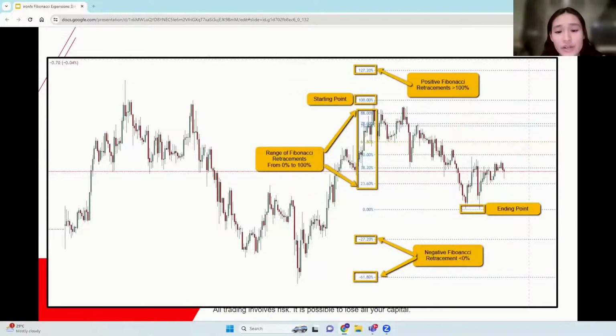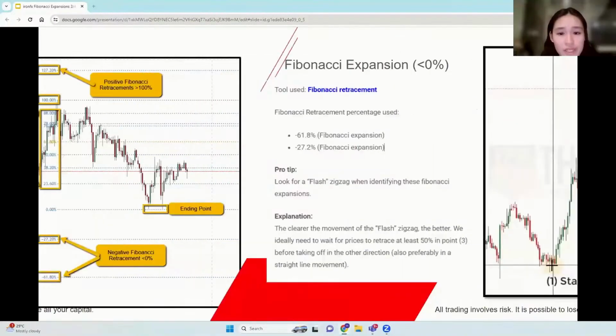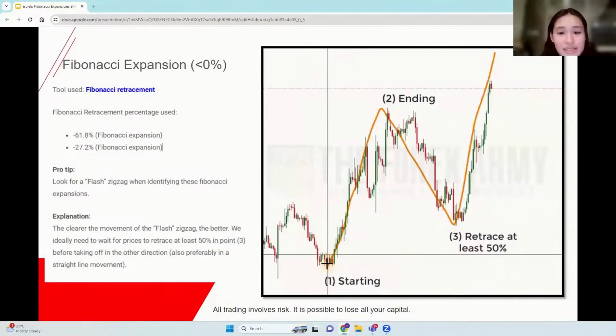Negative range is our expansions, so what we'll be talking about today. And those that are more than 100% are the extensions. So in all these three scenarios, we are only using one tool, which is the Fibonacci retracement. Okay, so let's zoom in and look at today's Fibonacci expansion technique.